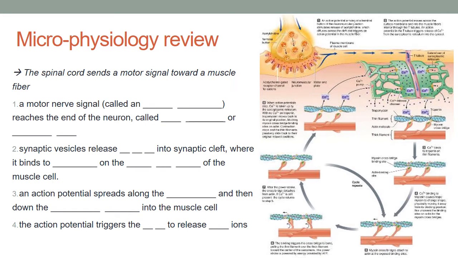But first, I want to review what you should already know about the microphysiology of muscle contraction. This all begins when the spinal cord sends a motor signal toward a muscle fiber.